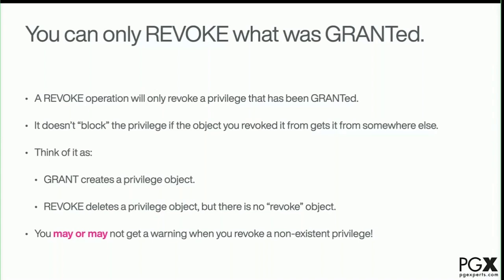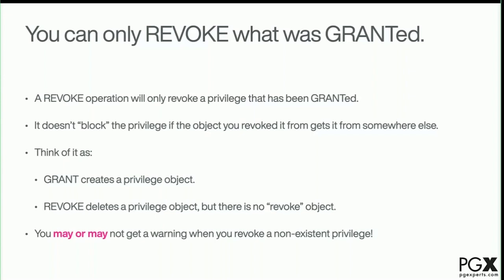As a simple example, let's say you have two parents and a child. Both of them give select on table T. And then you revoke it from the one parent, the child will still have that privilege because it's getting it through a different path.